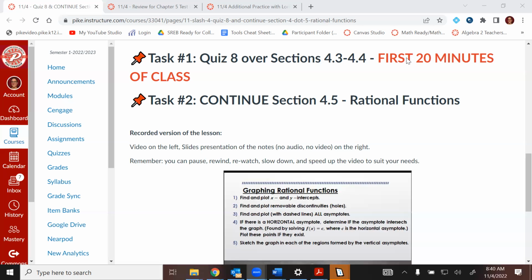What is my horizontal asymptote here? Y equals -4, yes.